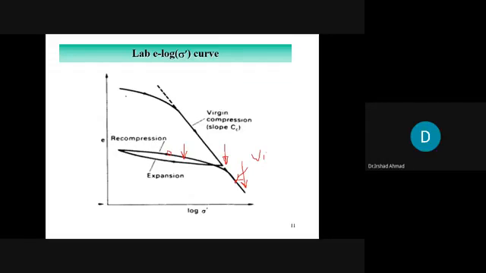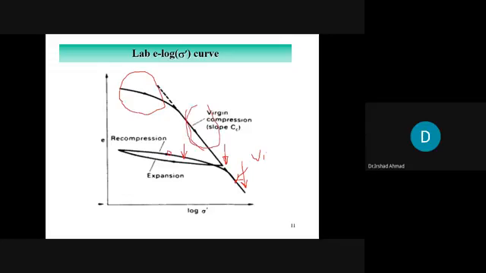So my question is now that this part is curve and this is then linear. The first part is a curve part, right? And this is linear part, right?